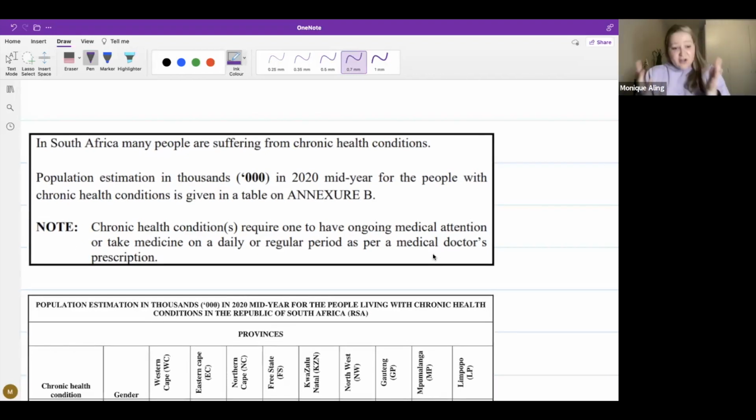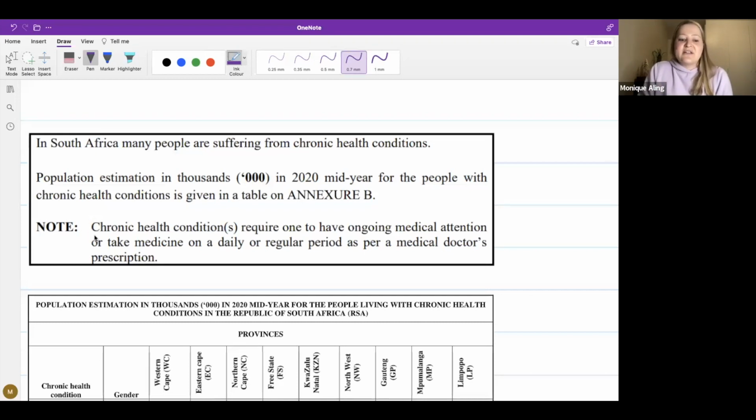All right, so with data handling questions, like I said, lots of information thrown at you. So it's always important that you know what's important and what is not important. Okay, so the first thing it says, in South Africa, many people are suffering from chronic health conditions. Population estimation in thousands in 2020 mid-year for the people with chronic health conditions is given in a table on Annexure B. So the table below is going to show us how many people have different types of chronic conditions.